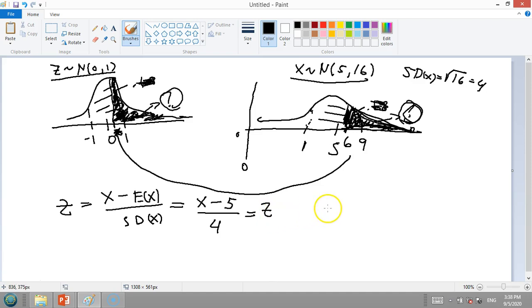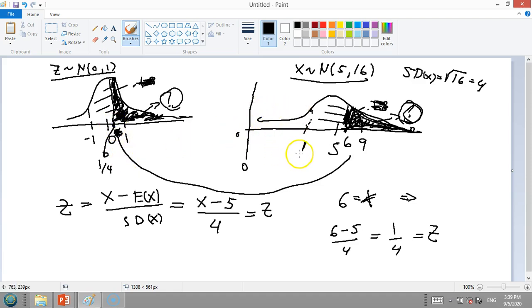So in this case, I'll plug in 6 for x. This will be 6 minus 5 over 4, which is equal to 1/4, and that's z. So the number here that I'm interested in is exactly 1/4 or 0.25.